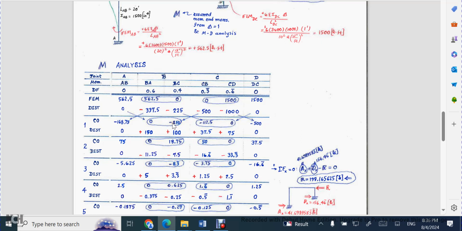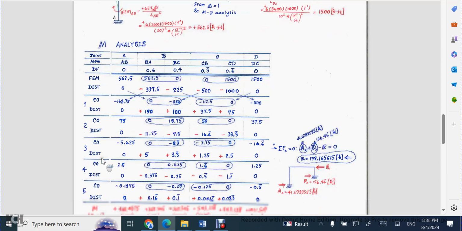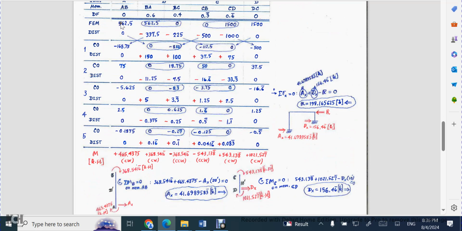That's a clockwise acting one, incidentally. And then you distribute that 250 in accordance to these values. So 6/10 of 250 is going to give you that 150 positive. And 4/10 of that 250 positive is that 100. And then you go through your iterations as we explained, then you add up the columns, and then you find these member end moments.